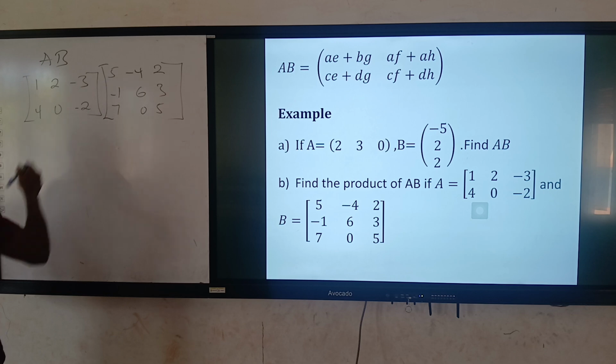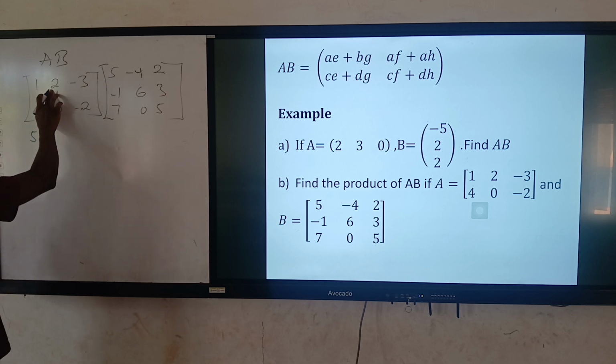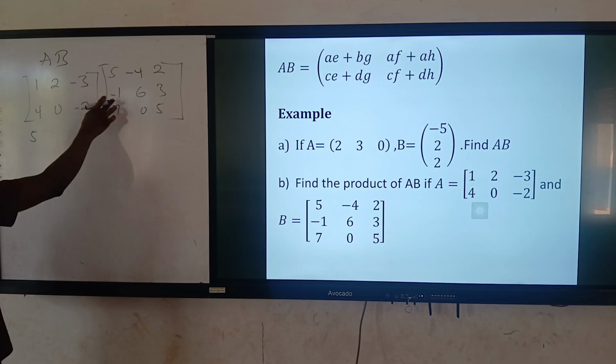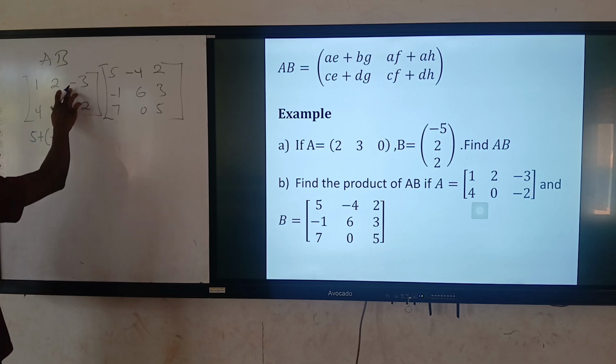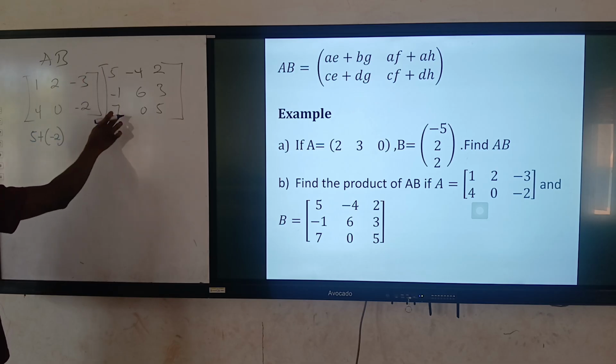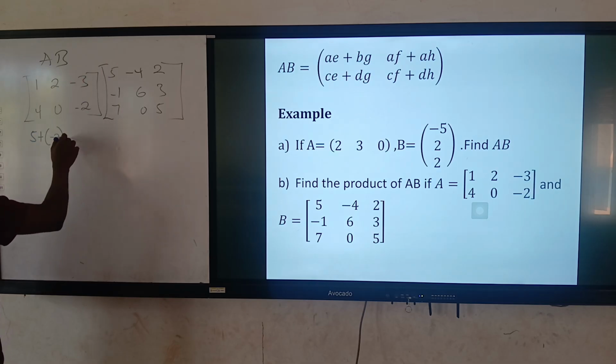1 multiplied by 5 gives us 5. Then 2 multiplied by negative 1 will be plus negative 2. The negative 3 multiplied by 7 here gives us plus, in the bracket, negative 21.